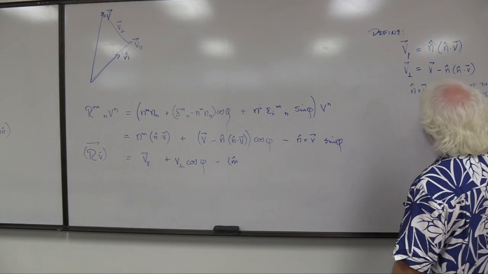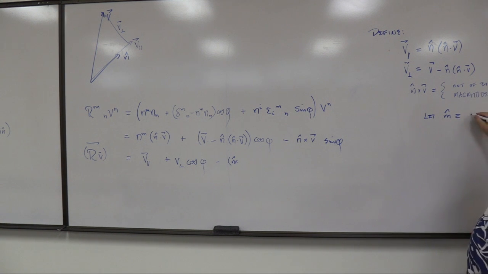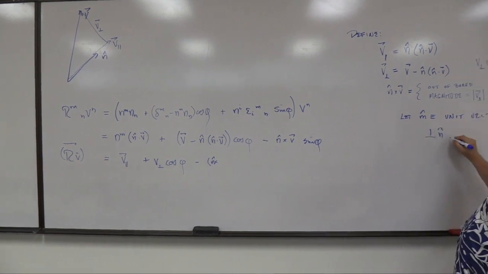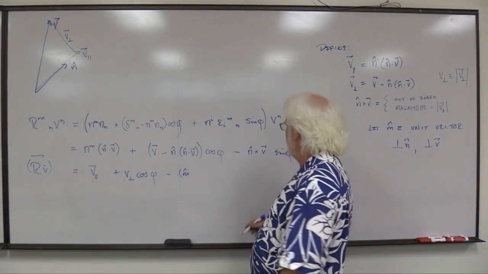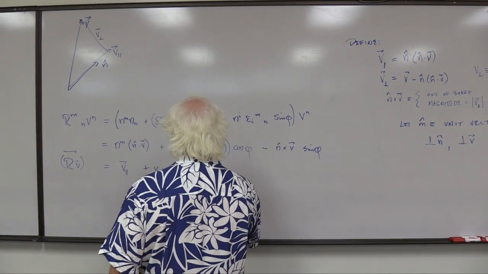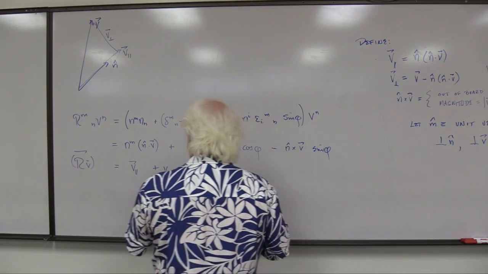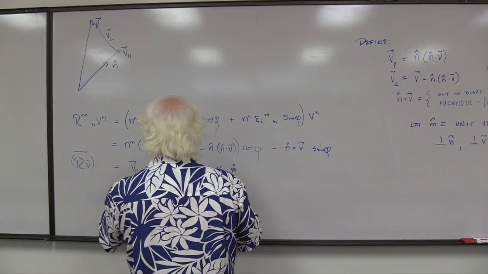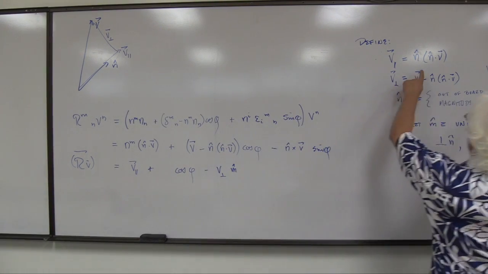Let's let m be defined as a unit vector perpendicular to n, perpendicular to v. So that's a unit vector out of the board. So n cross v is just v perpendicular times m hat. Let's use unit vectors everywhere.